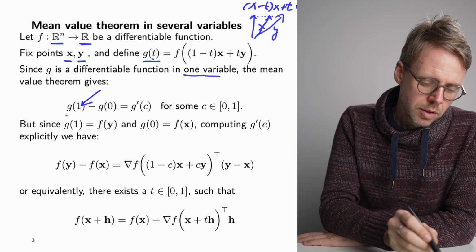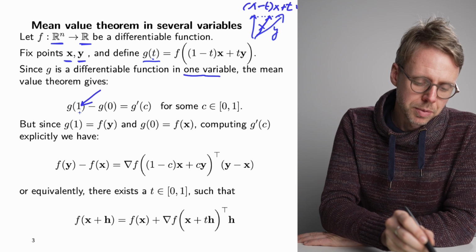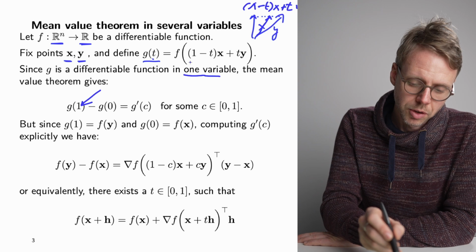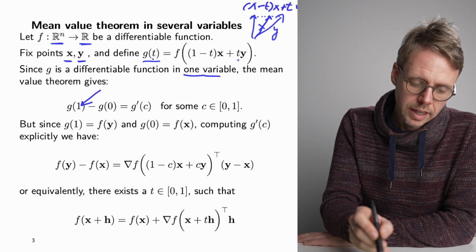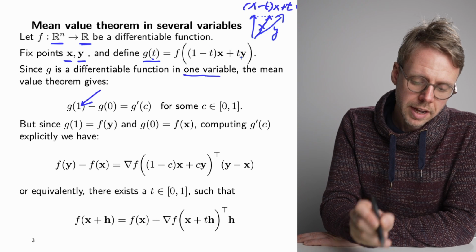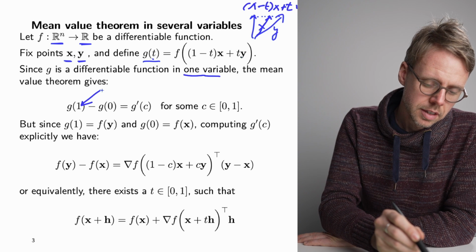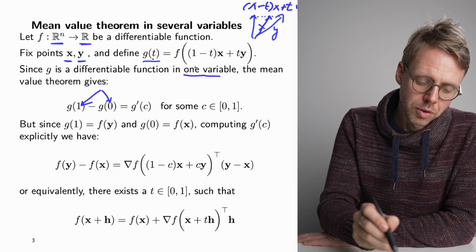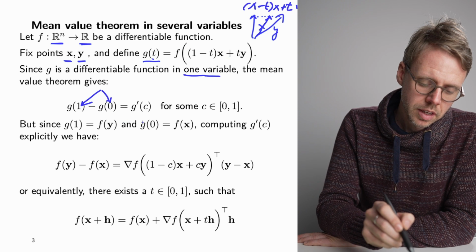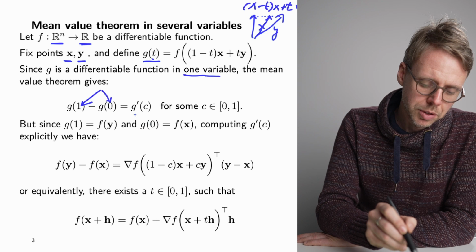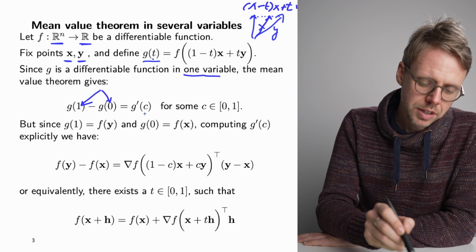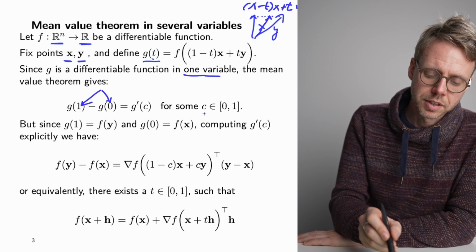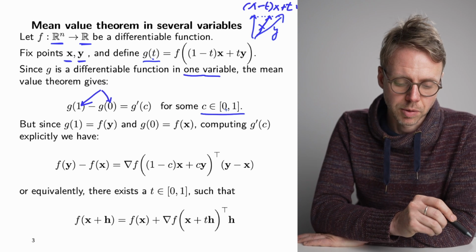In this case, we look at the difference in the function values between 1, where we only look at y, and 0, where we only input x. And this should be equal to the derivative of g at some point c within this interval.